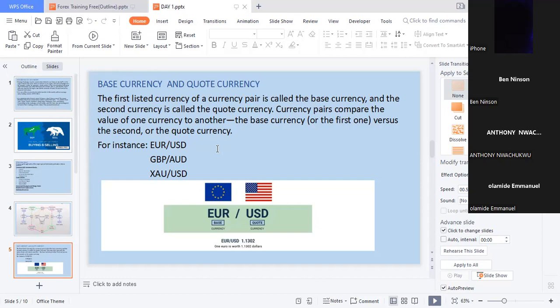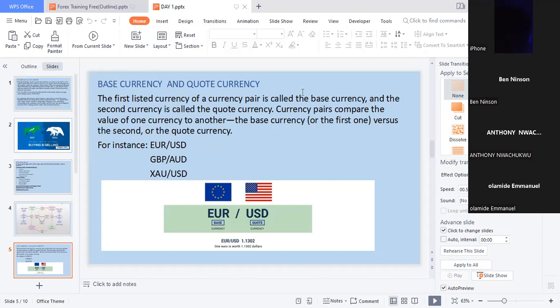That first listed currency, the euro, is called the base currency, while the other one is called the quote currency. If you look at GBP AUD, the base currency is GBP and the quote currency is AUD.